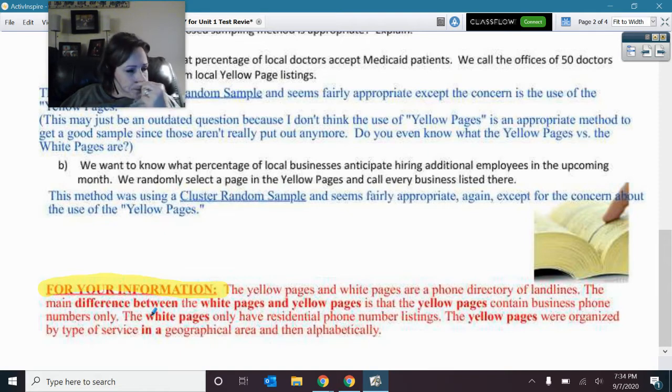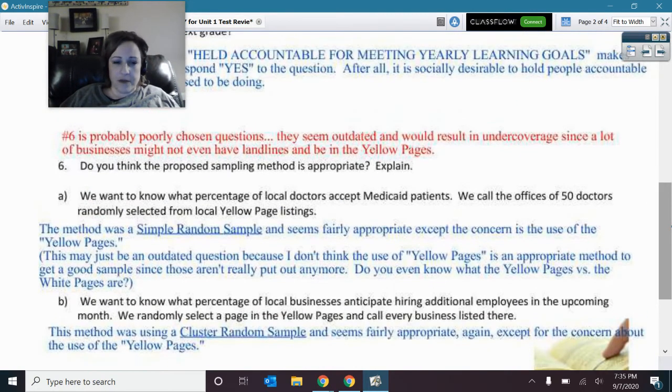So anyway, type of service, dogs are barking, type of service in a geographical area, and then alphabetically. Here is what this looked like. You had your big old yellow pages. So anyway, they wanted to know the percentage of local docs. So they call the offices of 50 doctors they randomly selected.